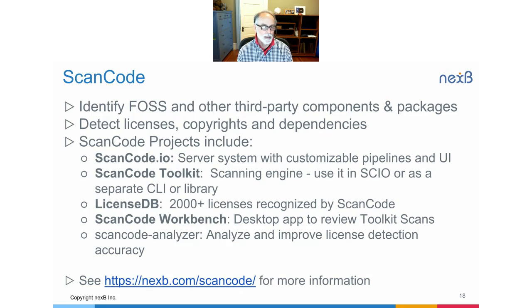Some other products: the license DB I've mentioned, there's also a desktop app for reviewing scans. ScanCode Analyzer is public, but it's a tool to improve the scanning itself. So it's kind of an inner cycle, and there are others. ScanCode is a product family, but the main ones are ScanCode.io and ScanCode Toolkit.